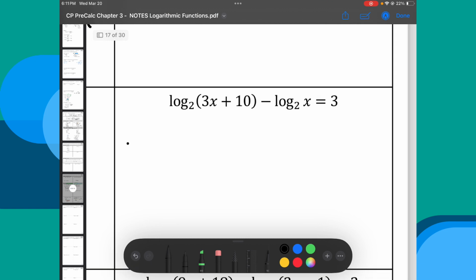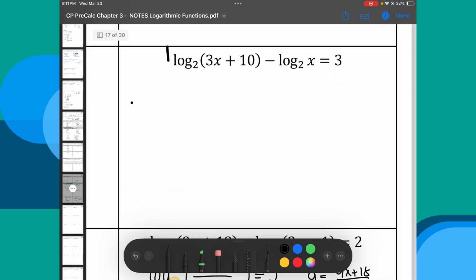So let's go down. Here I have 2 logs on one side. I have a log base 2 of 3x plus 10 minus log base 2 of x is equal to 3. So how do I condense my logs when it's subtraction? I use division.